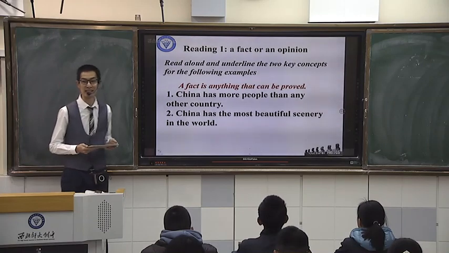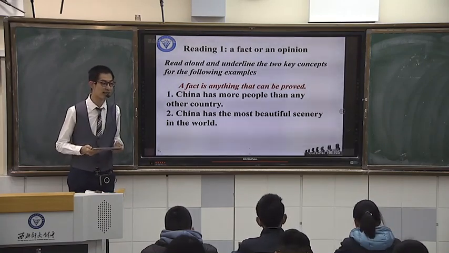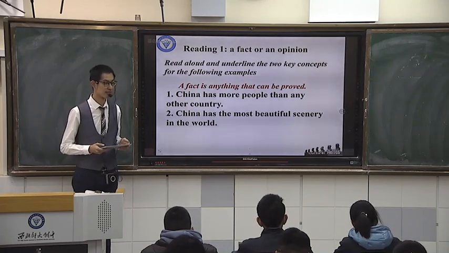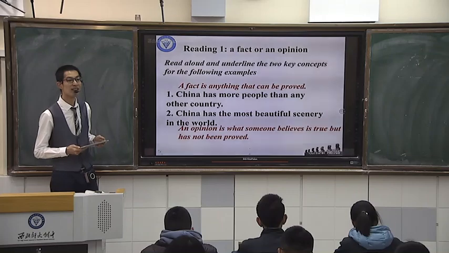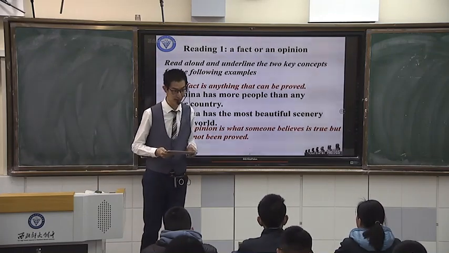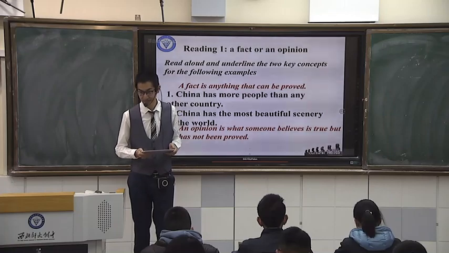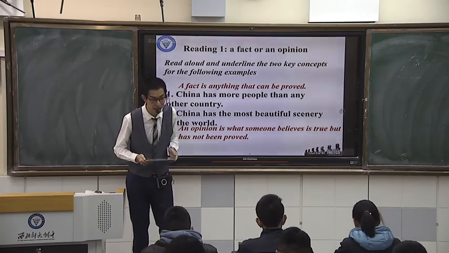What is the other concept? Opinion. Tell me what is an opinion? An opinion is what someone believes is true but has not been proved. Very good. What fact and opinion are used according to paragraph 3? In a trial. Very good.